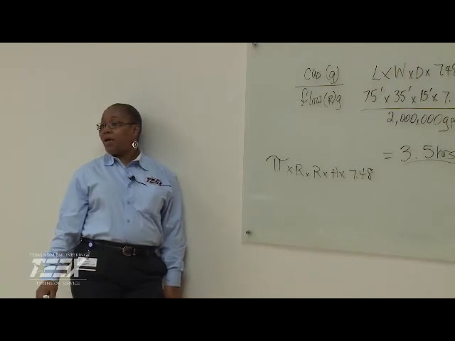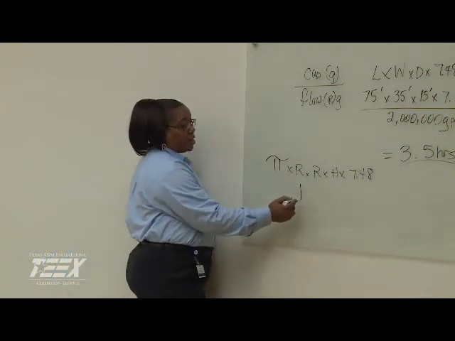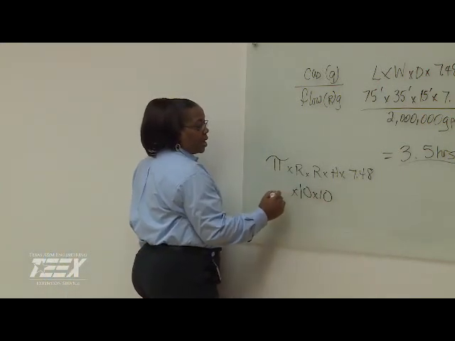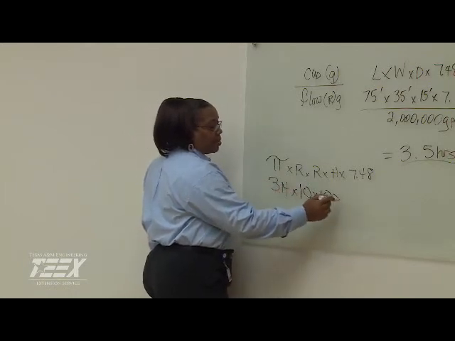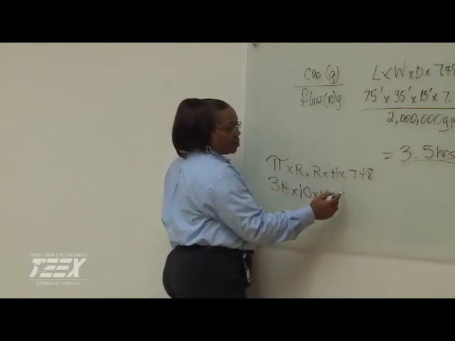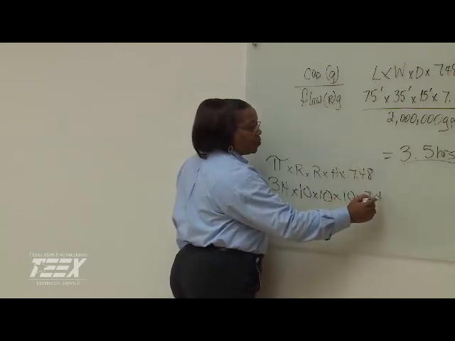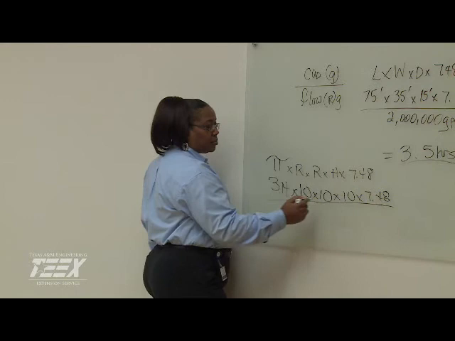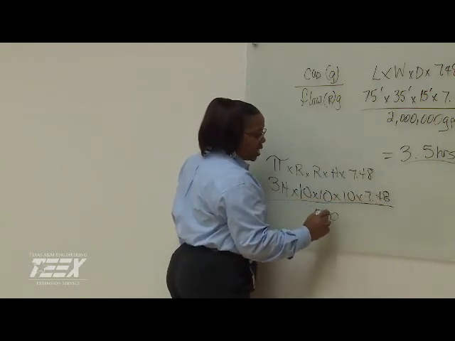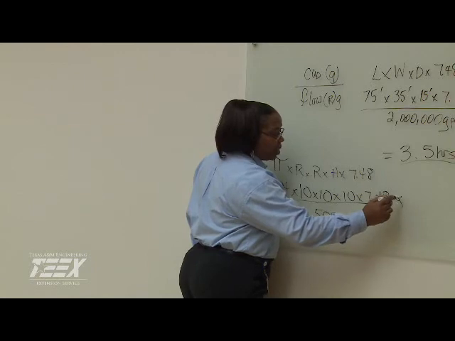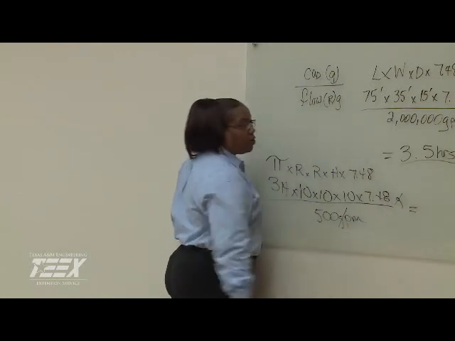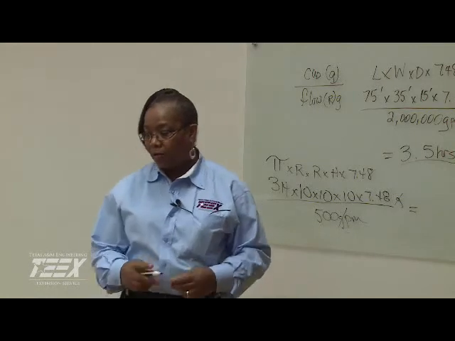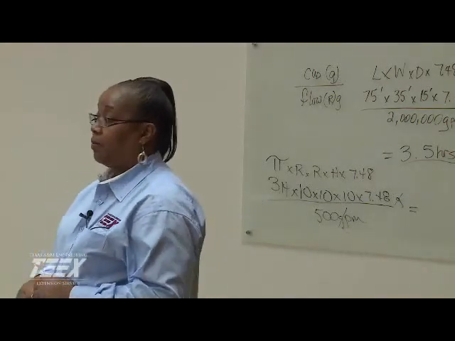I have a diameter of 20 feet, so my radius is 20 divided by 2, 10. Plug it in. Radius 10. Pi is excellent. And the depth or the height, 10 feet, times 7.48. And my flow rate, 500 gallons per minute. Remember, this gives me gallons, which cancels out, which will give me how many minutes it will take to fill this storage tank.